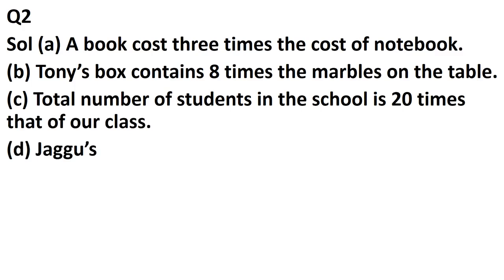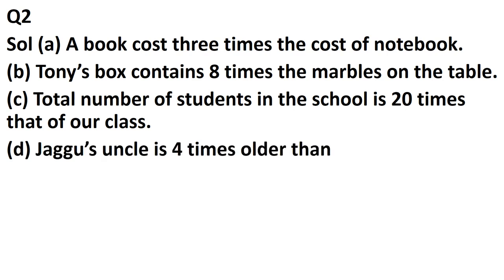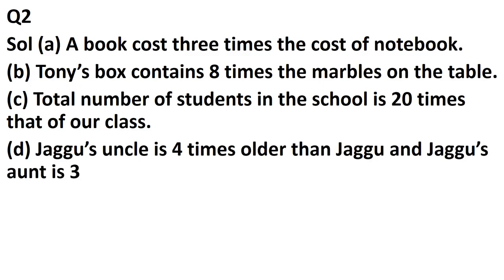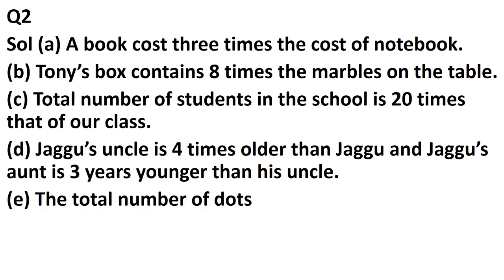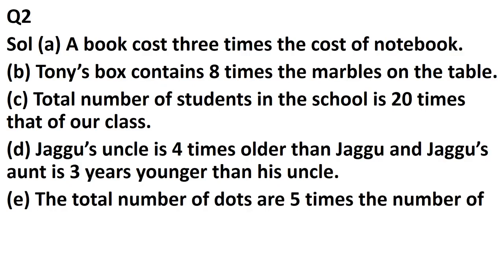D. Jagu's uncle is 4 times older than Jagu and Jagu's aunt is 3 years younger than his uncle. And see the last part now. The total number of dots are 5 times the number of rows.